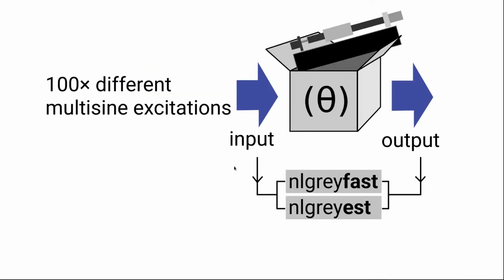So what have we done for the comparison? We have generated 100 different multisine excitations, and we simulated the system output for these, and we tried both nlgreyfast and nlgreyest to calculate the parameters that we used during simulation.